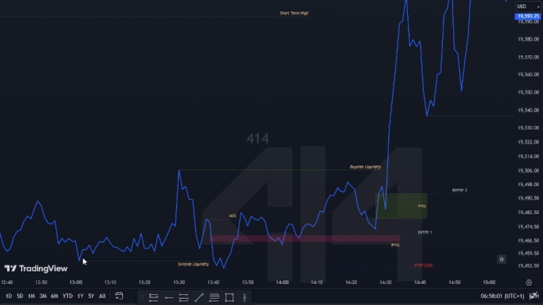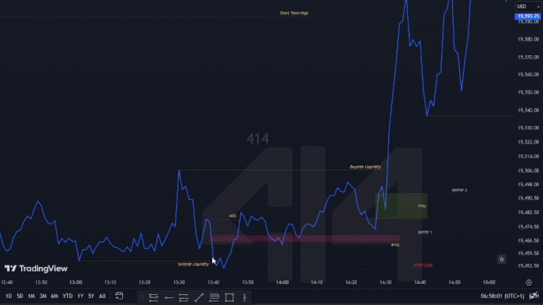Now, basically, below old lows rests sell side liquidity. Everybody that was with price when price was going up will have their stop loss placed below old lows, and everybody following price down will have their stop loss placed above old highs.